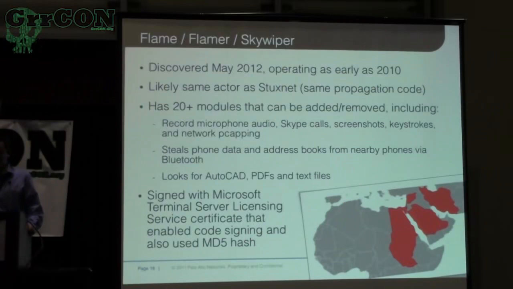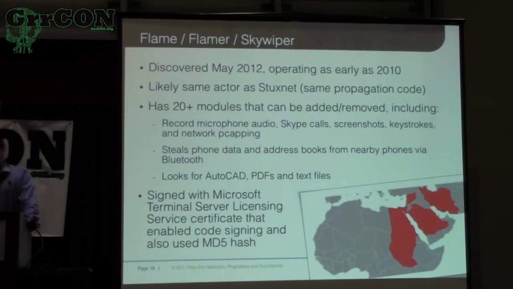It's speculated to be basically the information gathering stage of a campaign like Stuxnet, doing the recon work. So it did a lot of things, a lot of intel gathering, a lot of recon, had over 20 modules that could be loaded and unloaded, did things like recording the audio from the PC's microphone. It could monitor Skype calls, take screenshots, key logging.